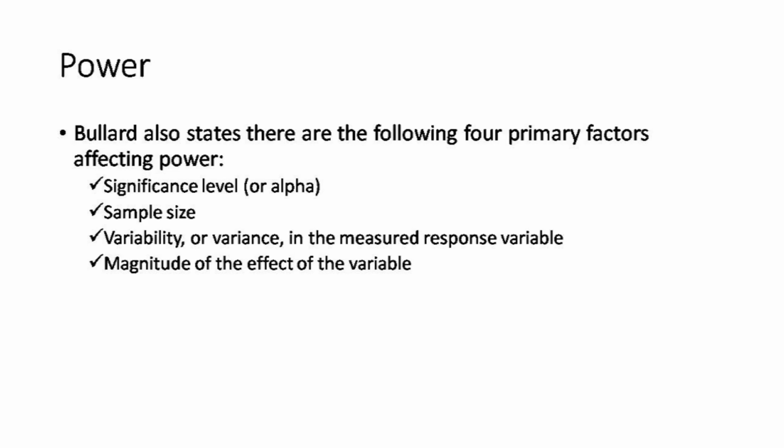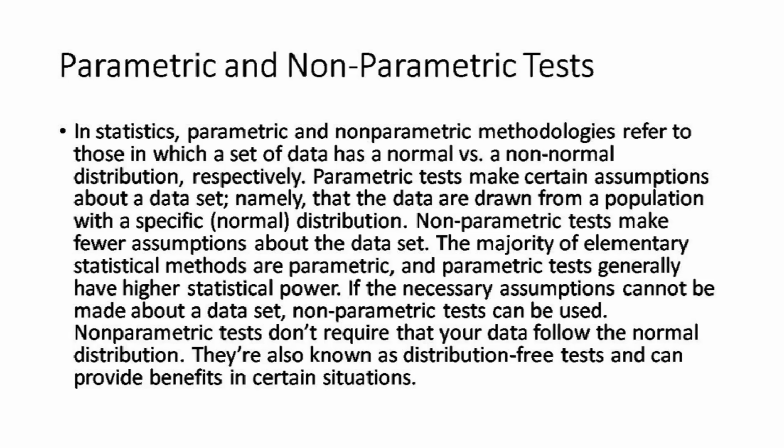So with this, let's move on to the bifurcation of hypothesis testing. Hypothesis testing is mainly divided into parametric and non-parametric tests. Now the difference between parametric and non-parametric tests is that parametric and non-parametric methodologies refer to those in which a set of data has a normal versus non-normal distribution respectively.